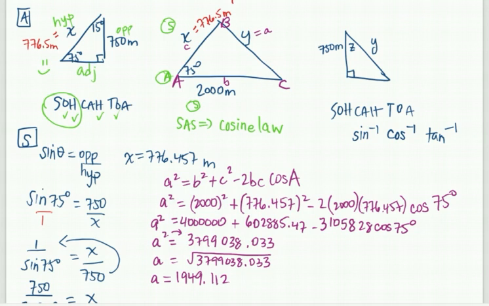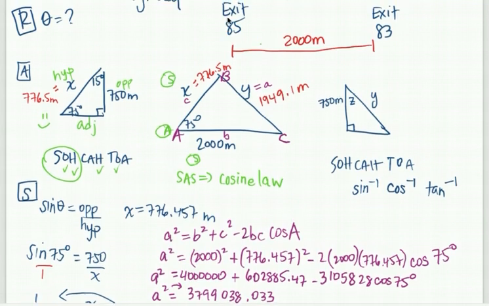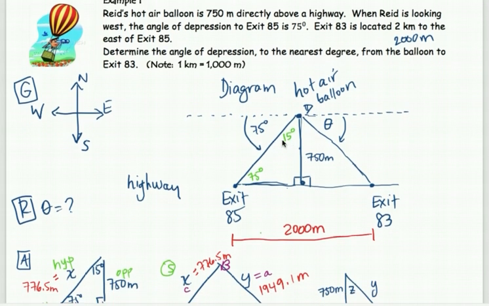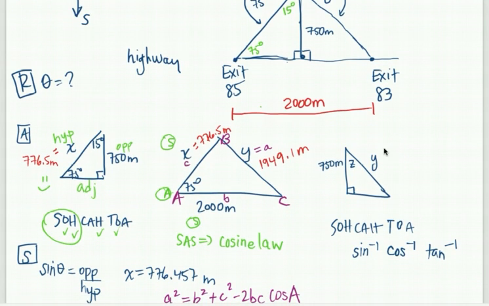Okay, so now we have this large value here for the distance here. Okay, so if we're looking down from the hot air balloon here, looking down at exit 83, we now know that distance. Okay, so that again can go on this triangle here.